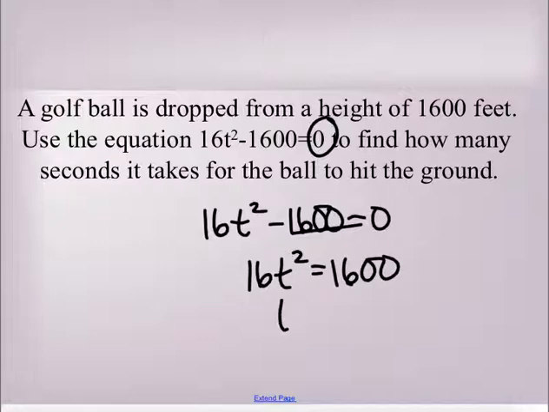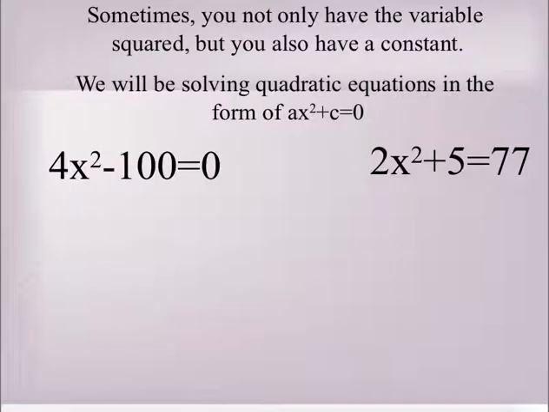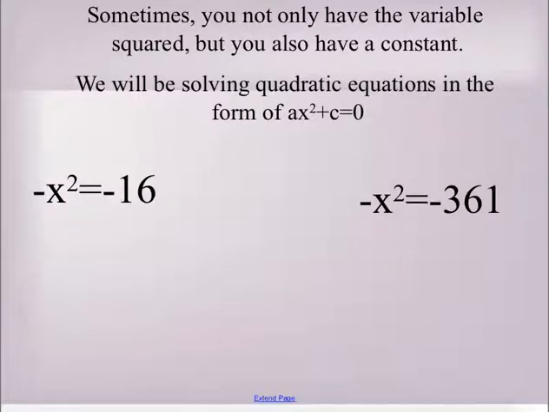Divide by 16 to get t squared is equal to 100. So t must be 10 or negative 10, which if we're talking about time, I would probably pick the positive 10 seconds. Theoretically, if we were to go back in time, it would also hit the ground at negative 10 seconds. All right, you can try these for yourself here.